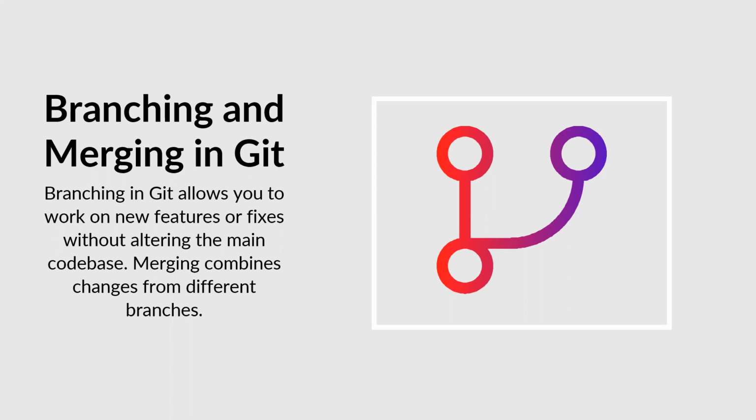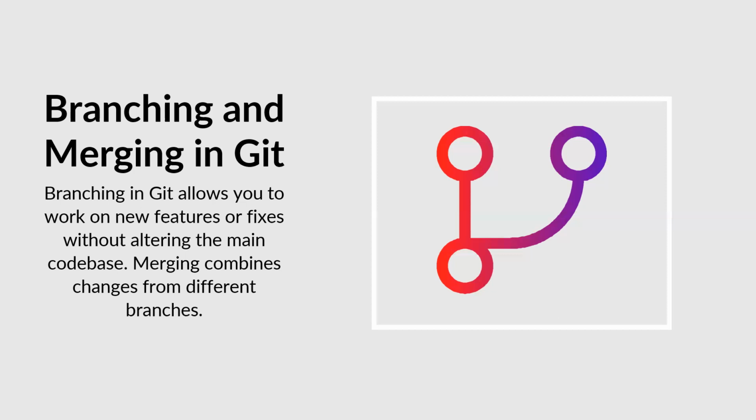Now you want to add a new feature or fix a bug on your website. Instead of directly changing the code on your main website, there are chances that you might end up introducing more bugs or even crashing the website.